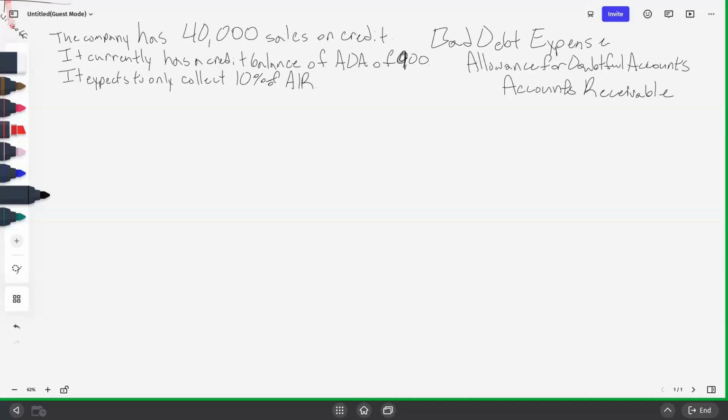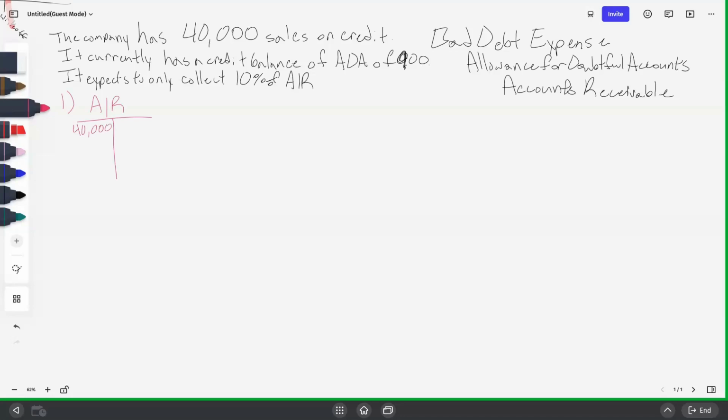So step 1 is evaluate your accounts. We know our accounts receivable, actually, I'm gonna put this in a different color. Step 1, our accounts receivable is 40,000.